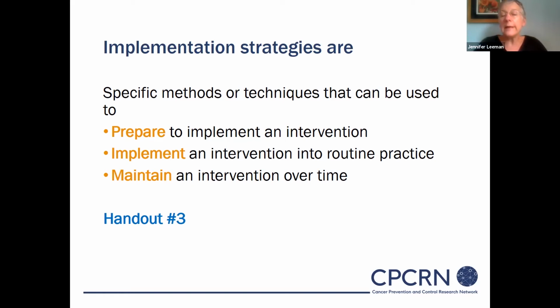Handout number 3 is a list of 73 implementation strategies that are used in implementation science. I intend this list of strategies as a brainstorming document that you can use to look at, to think about new ideas possibly for what you might do to strengthen the implementation of an intervention.